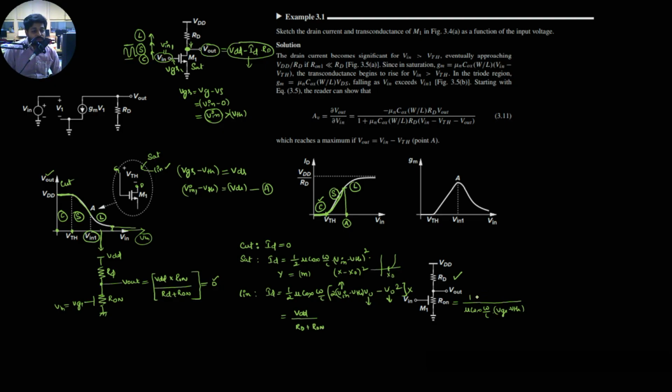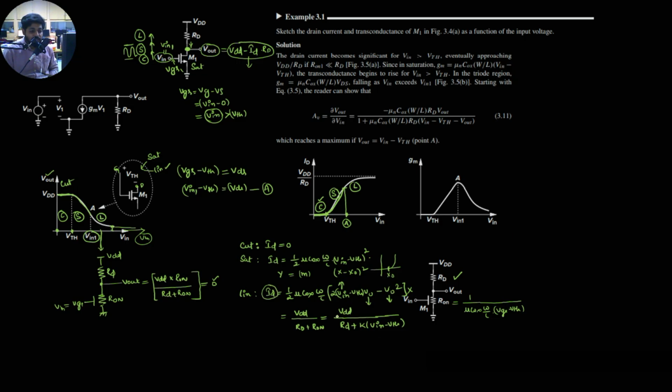Rn value you already know, so let me substitute over here: VDD by RD plus Rn is some constant K. So this is K times of VGS minus VTH, where VGS is nothing but your V input. So this is the relation I got, and I can say that ID is only a function of V input.